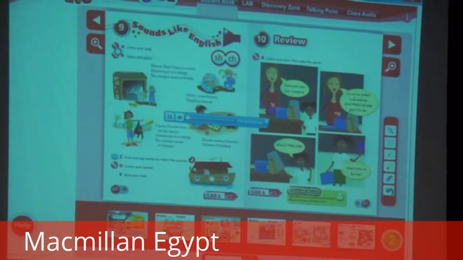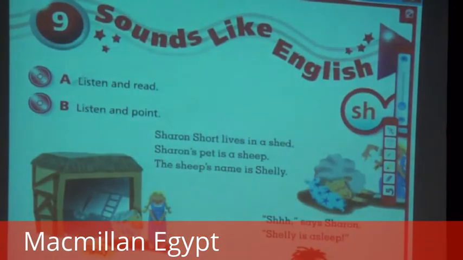Student book, Unit 1, Lesson 9, Activity A. Listen and read. Sharon Short lives in a shed.